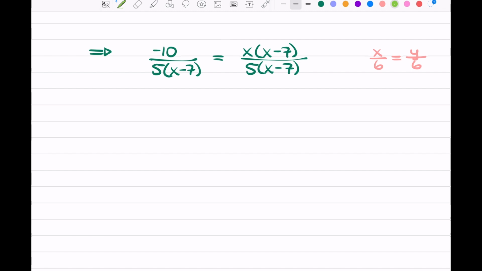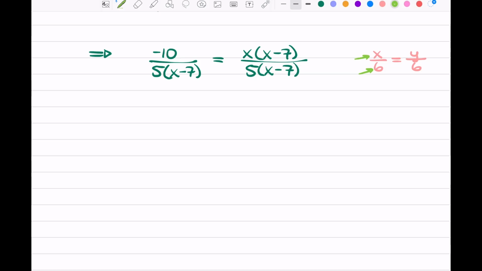Well, if these two fractions are equal to each other, and they have the same denominator, then they must have the same numerator. So x must be equal to y. So if y was the number 4, that means that x has to be the number 4. So we get 4 over 6 on the left side and 4 over 6 on the right side.